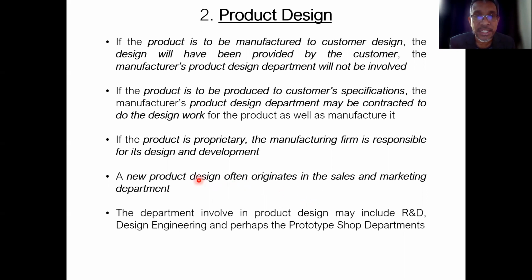So this is a totally new product. The sales and marketing department normally coordinates and discusses this with the engineer on the customer side, and then we will pass over the information to the product design department.